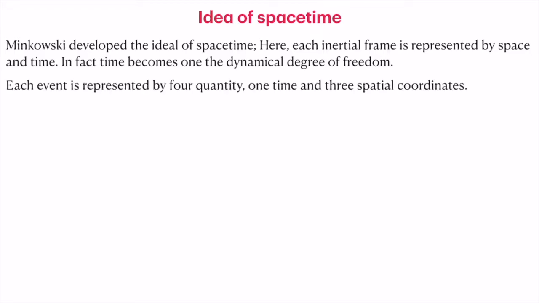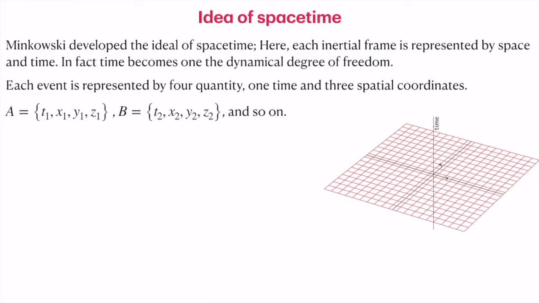That is, one of either space or time acquires the negative quantity, and that is what we call space-time. Now in this notation, any event in an inertial frame is determined by 4 quantities, that is, a time and 3 spatial coordinates. So if an event A is given by coordinates t1, x1, y1, z1, and event B is given by t2, x2, y2, z2, and so on.